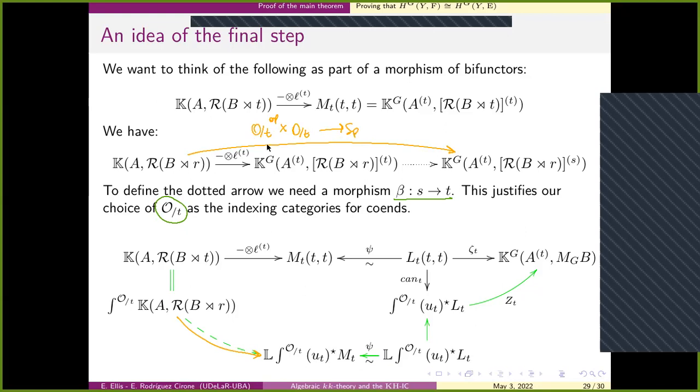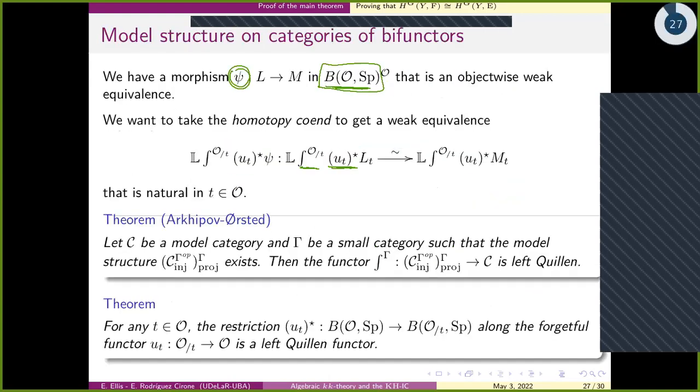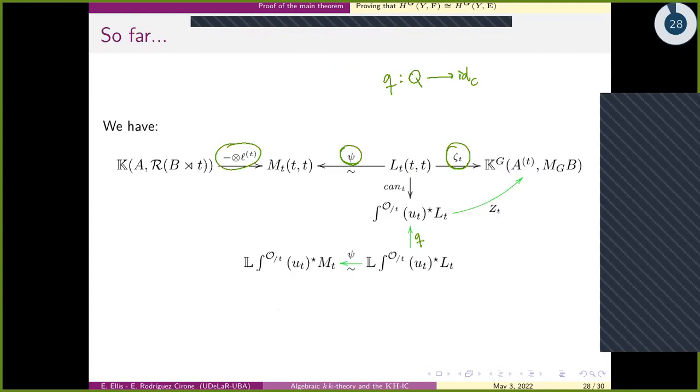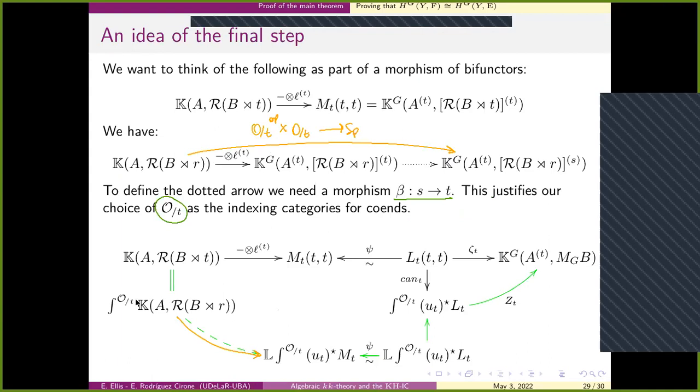But then we move T, and we want it to be natural in T. We can't apply this result here, because in order for this result to hold, you have to take the coend of something that is the restriction of a bifunctor on Org-fin. This is not the case here. I mean, it is the case for the objects, but not for the morphisms.